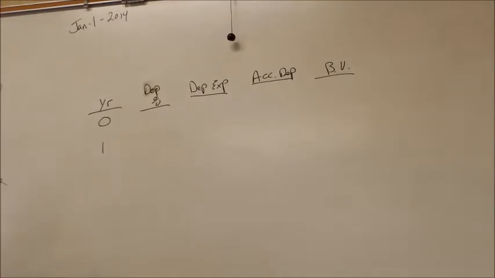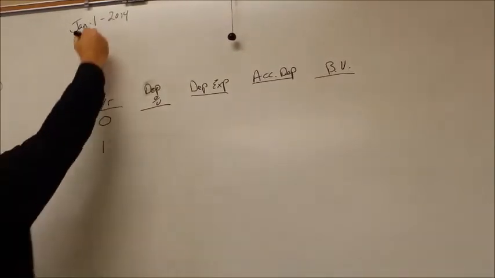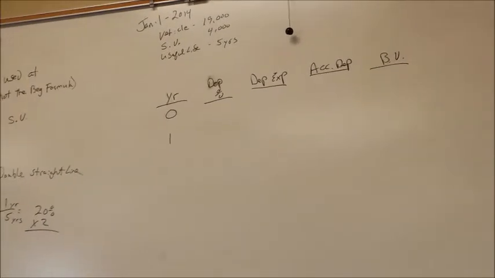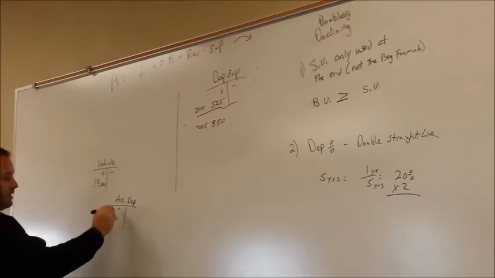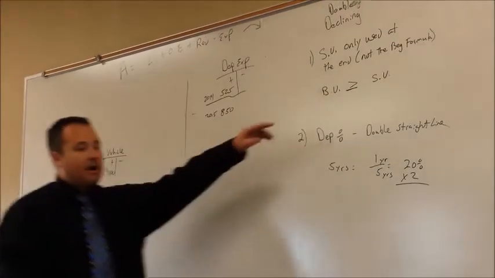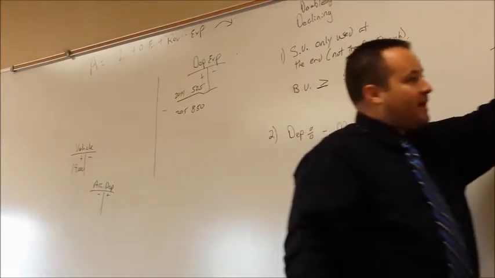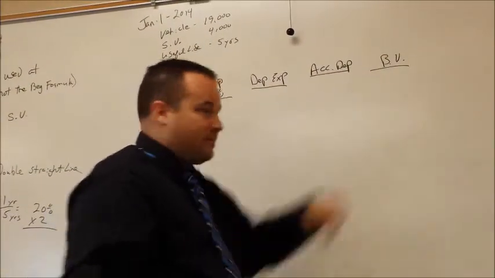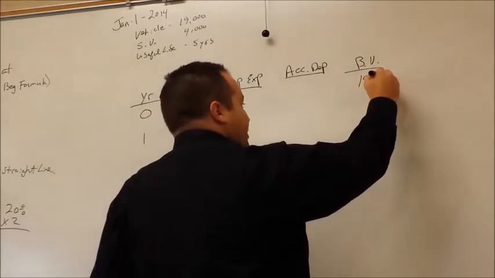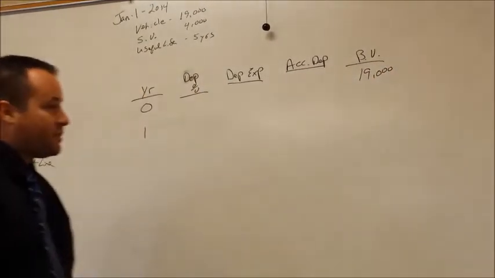So at the beginning of 2014, I bought my vehicle. So I got the vehicle at 19 on my books. In the first year that I bought it, year 0, what's the book value? 19,000. Yeah, 19. I haven't taken any depreciation yet. So it's just its purchase price.